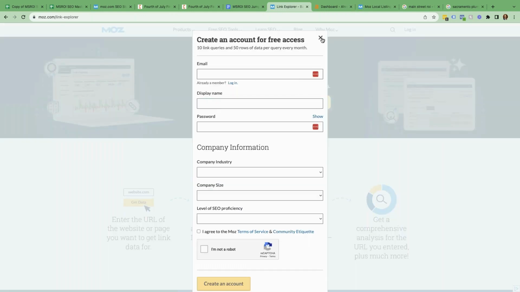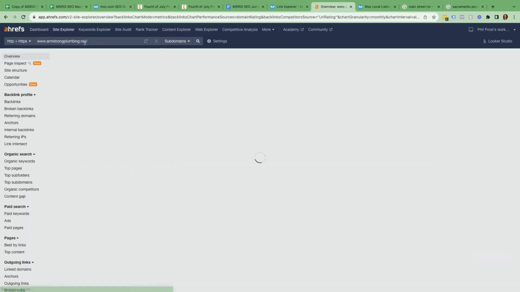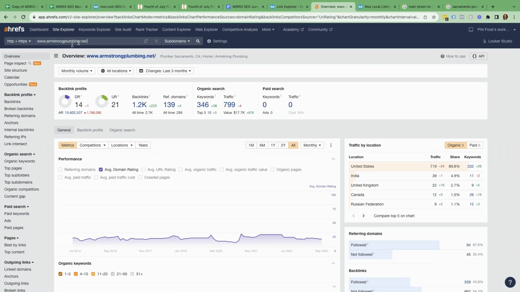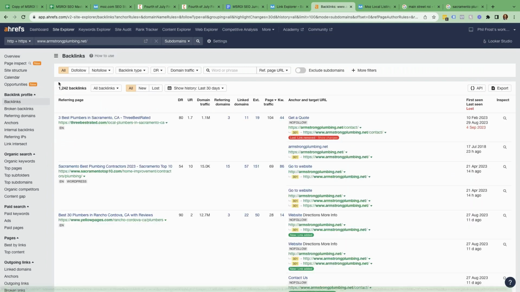And obviously, I'm just creating a free account for that. So I'm just gonna go over to Ahrefs, and over on the left, go backlinks. It shows 1,242 backlinks.